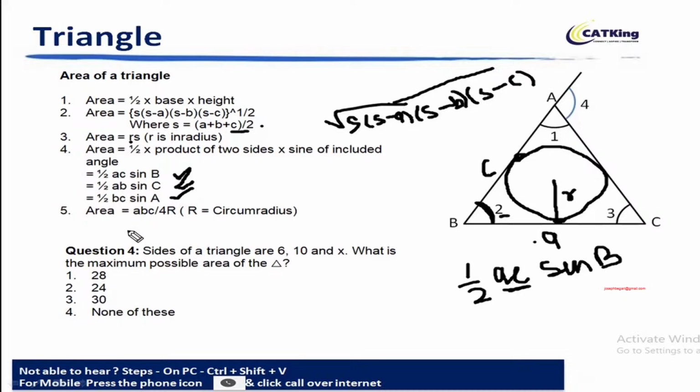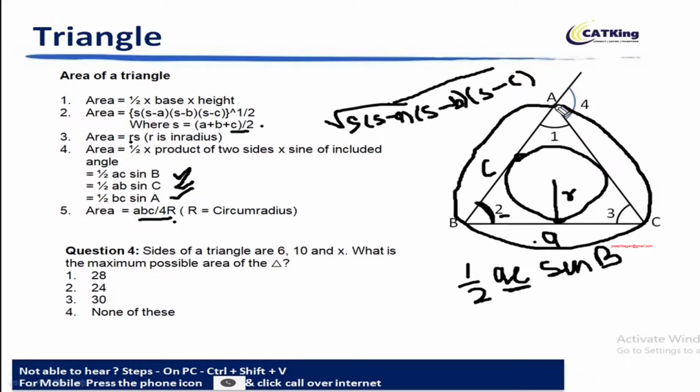And finally, one more formula for finding the area is ABC upon 4R, where this R is the circumradius. Here we found the inradius; the circumradius is the radius of the circumscribing circle, and it is denoted by capital R. So the radius of this circle is called the circumradius, denoted by capital R. Okay.